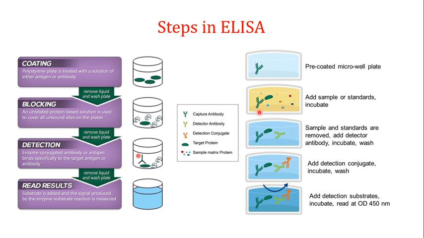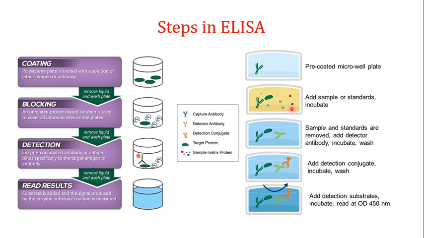When you are washing the well, any non-specific binding things will be removed from the well, and only the target protein that is interacting with your antibody will remain. The rest of the proteins in your sample will be eluted from the well.